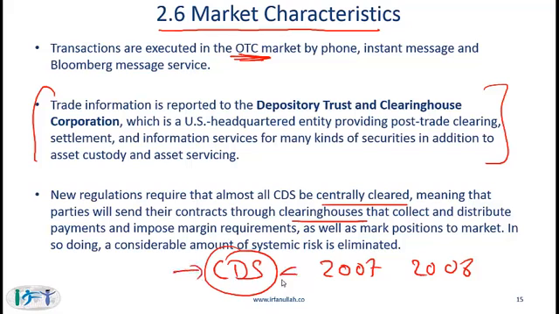We can say that CDS played a part in the crash, and subsequent to this, substantially more regulation was introduced to the CDS market. And what we are seeing over here is an impact of that regulation. So the bottom line is that the CDS market is much more regulated now than it was in the past.